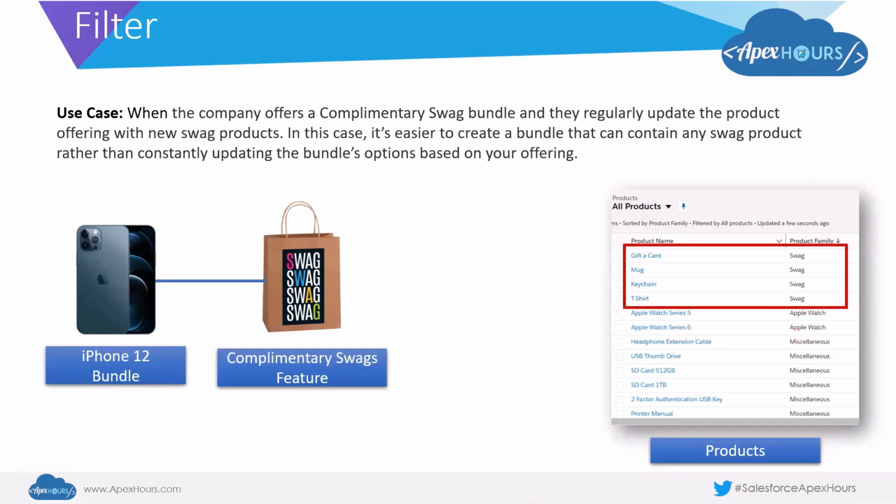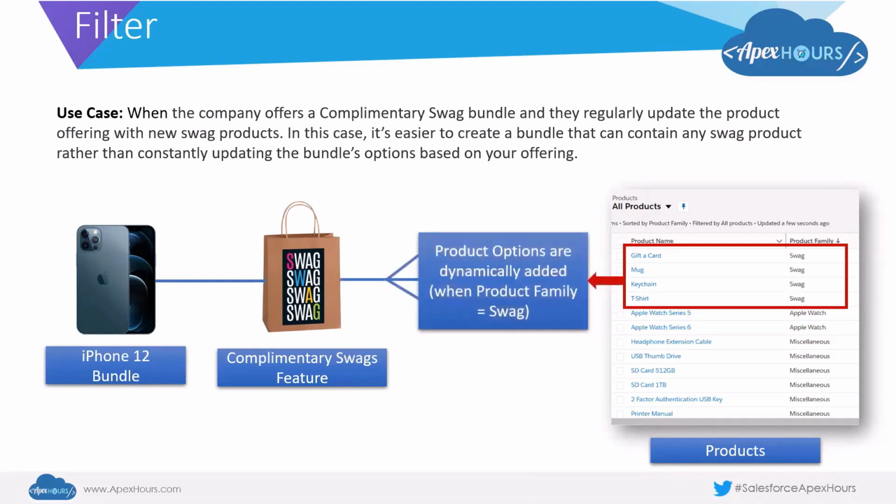So what we are going to do is look at all the products that belong to the product family swag in real time, and then update them as the product options for this particular feature. So the product options are dynamically added here, when product family is equal to swag. So this way, the sales rep can go ahead and choose whichever option he wants to offer the customer.